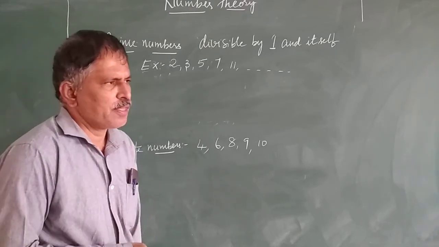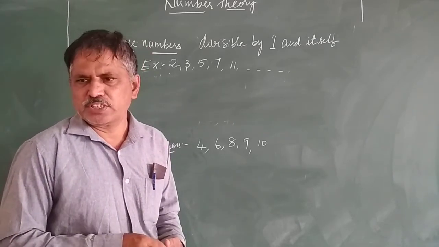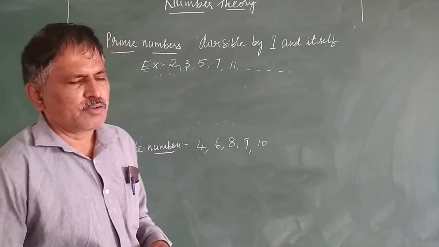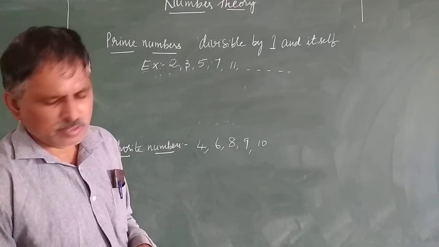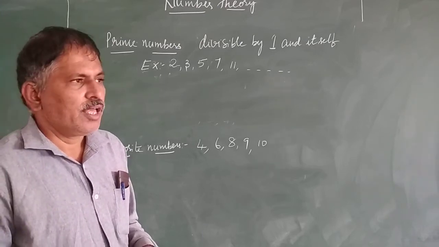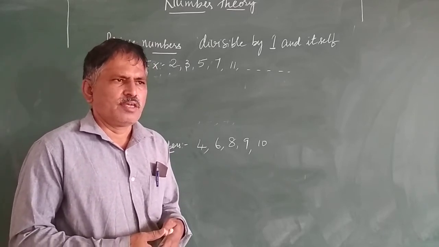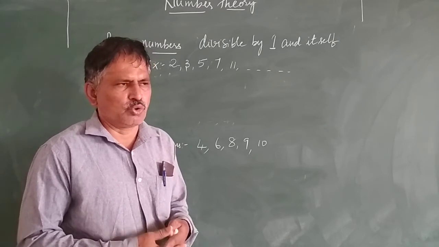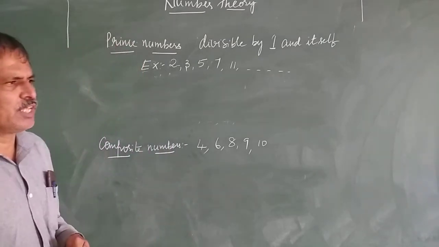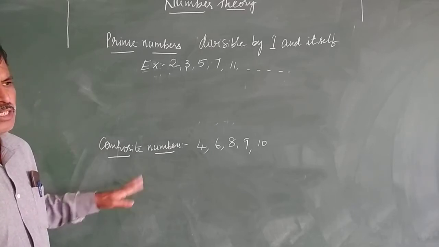Those numbers which are divisible by 1, itself, and even other numbers also are called composite numbers.